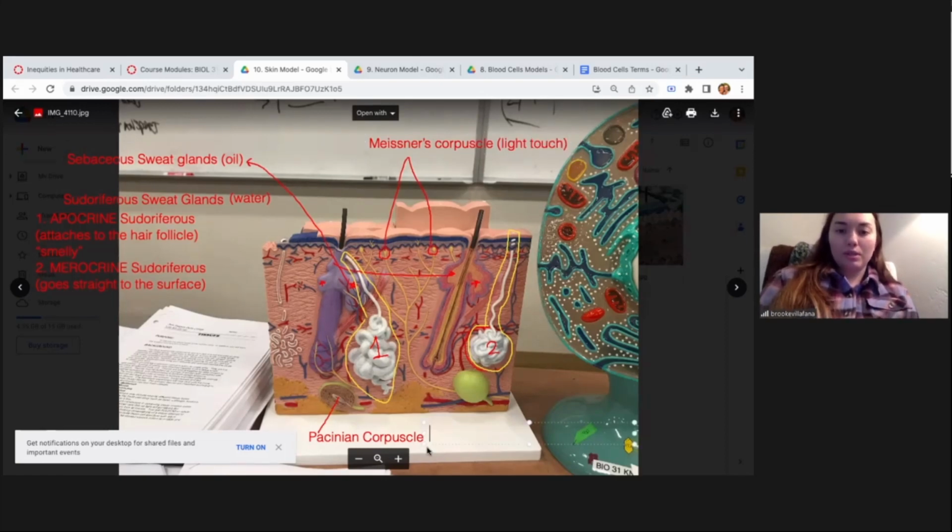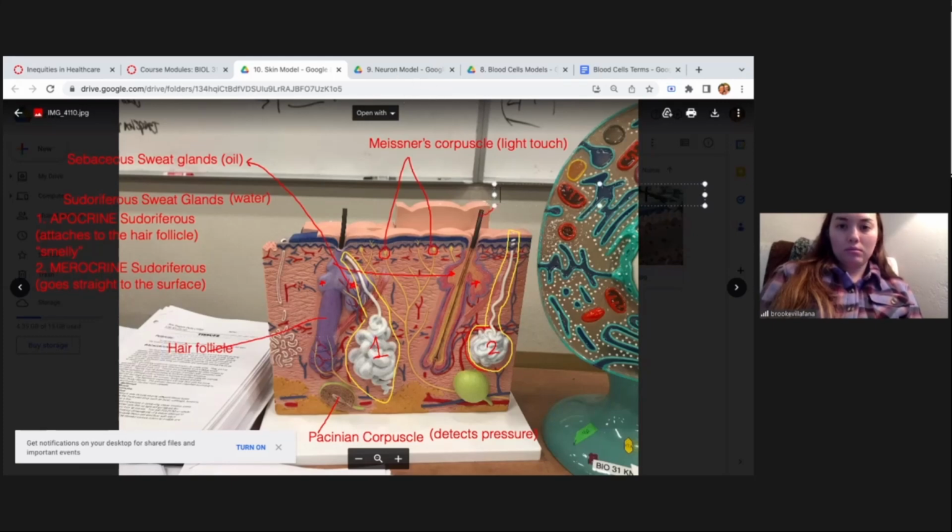What's the function of the Pacinian corpuscle? Detects pressure. All right, I'm done with this model if you wanted to take a picture, and then we'll go do the other model. By the way, I'll label one more thing. This is your hair follicle, and this would be hair. All right, I'm done again. Good. Everybody got that?